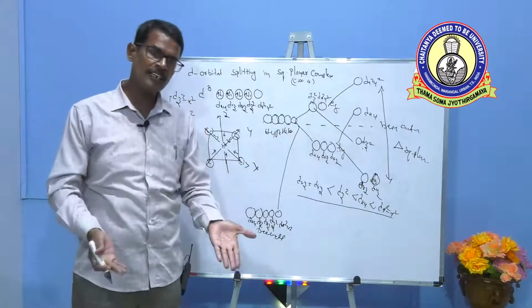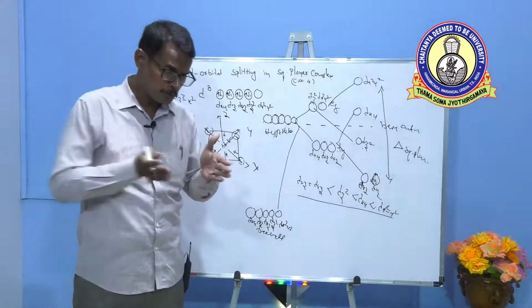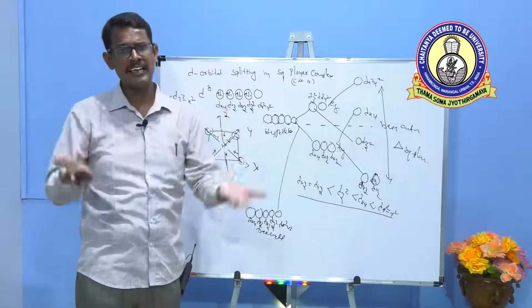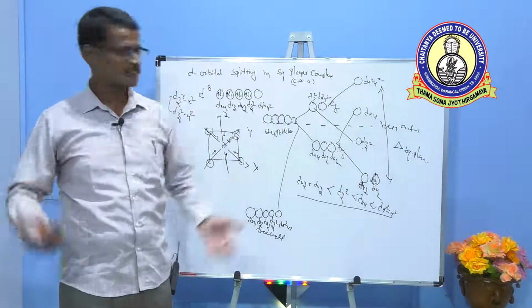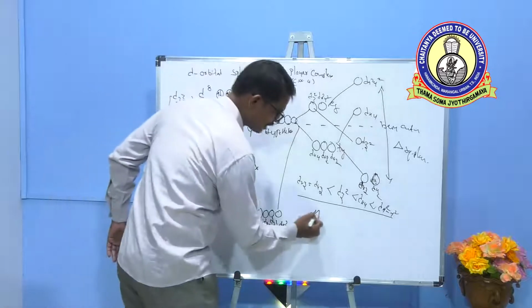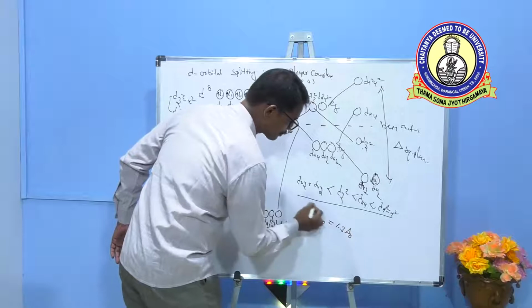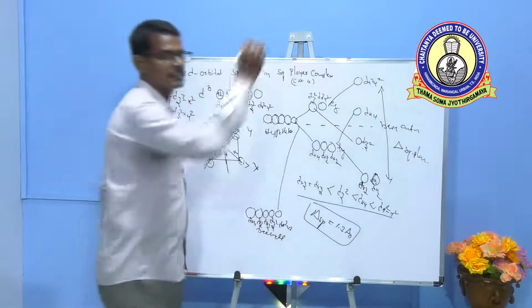So direct interaction, they move more towards the central metal ion, so repulsions increase, so splitting energy increases more. So delta square planar is 1.3 times compared to the octahedral splitting energy.